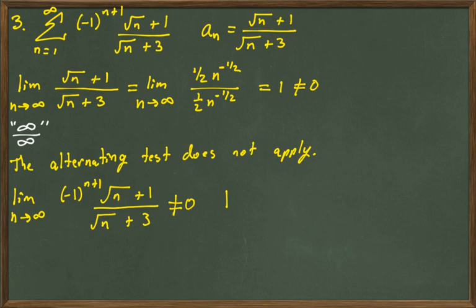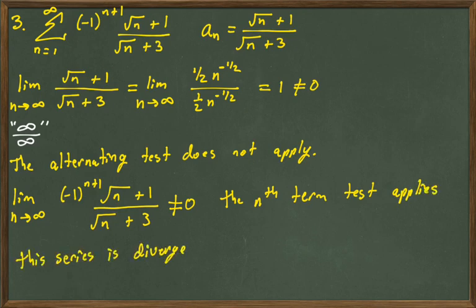And so this sequence does not converge to 0. It doesn't converge at all, actually. And so if the a sub n, in this case with the alternator, has a limit that doesn't equal 0, then the nth term test says this is going to diverge. So the nth term test applies, and this series is divergent.